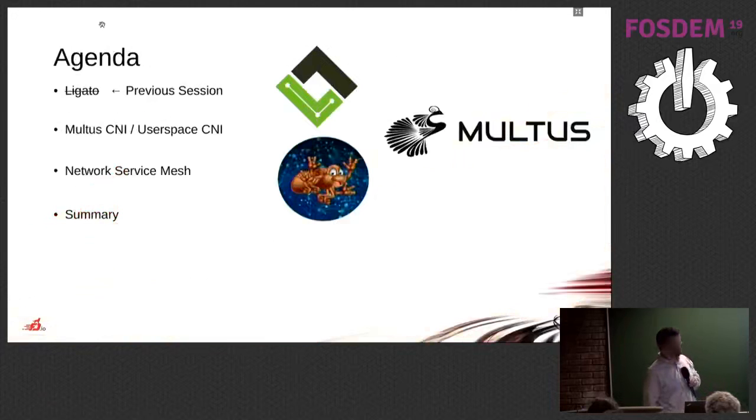So luckily, I looked at the agenda and saw that before my talk, there was a 40-minute talk on Legato and Contiv VPP, because I would not have been able to do justice to the project as well as they did. So I decided not to add that to my discussion here.